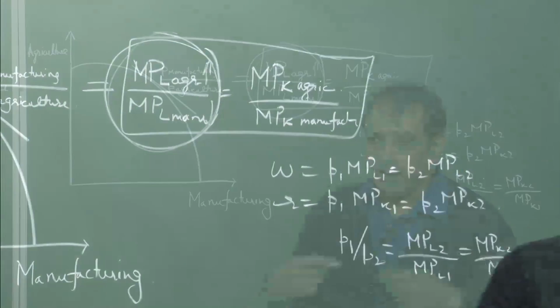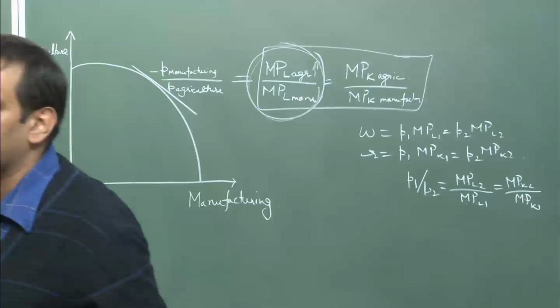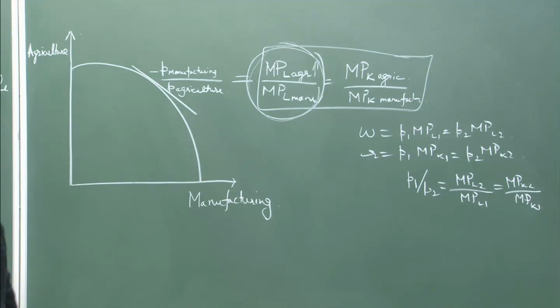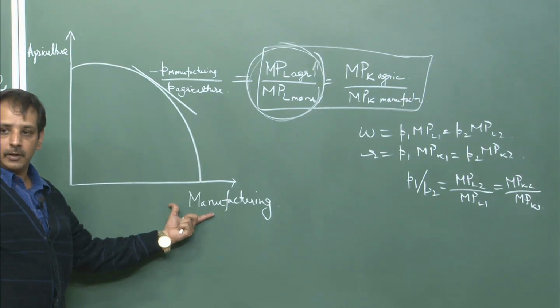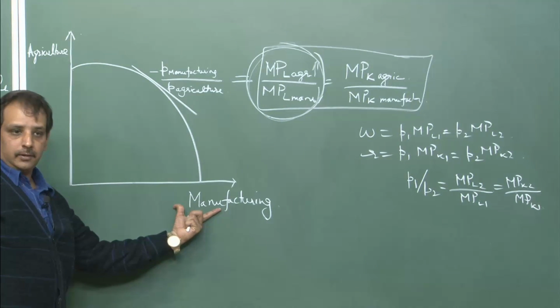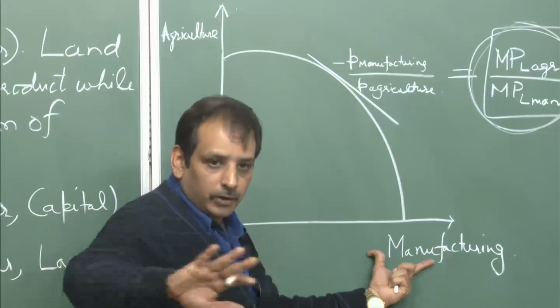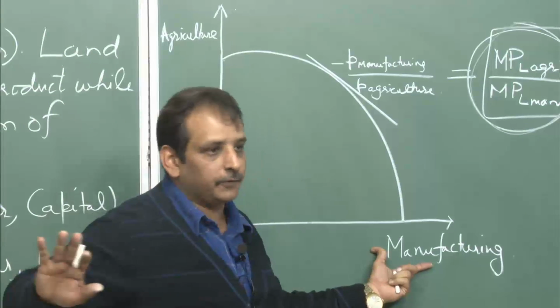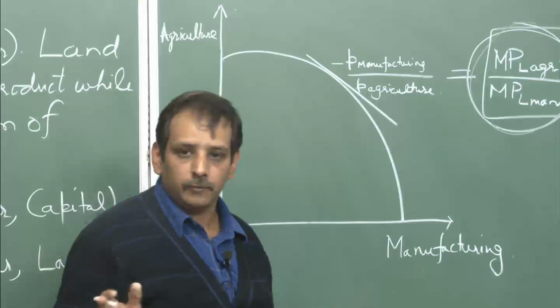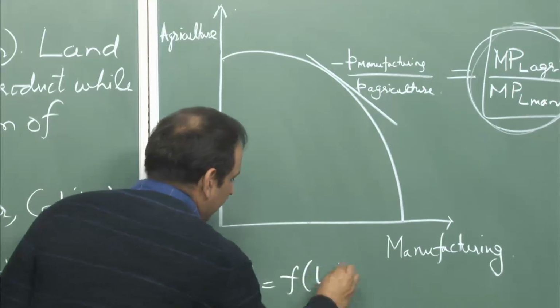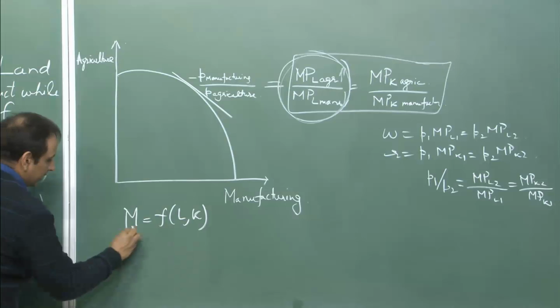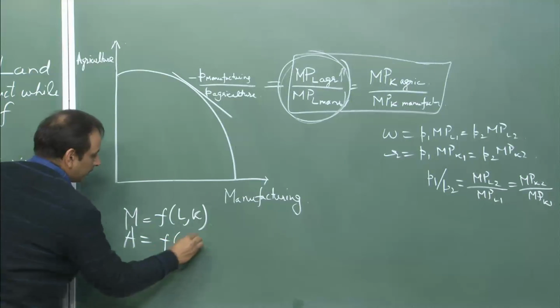Now at this stage, it is very important to explain the general case. The general case is that there are two products. I am now deviating, I am not talking of the specific factor model now, but the general model. The general model will have manufacturing as a function of labor and capital, and agriculture will also be a function of labor and capital.